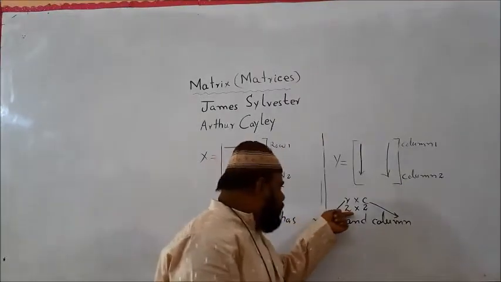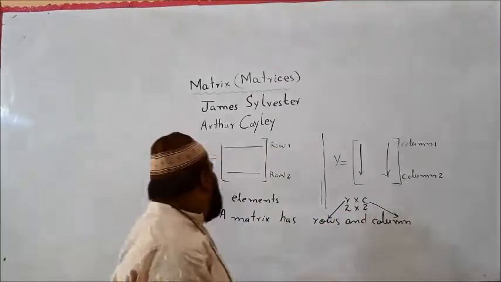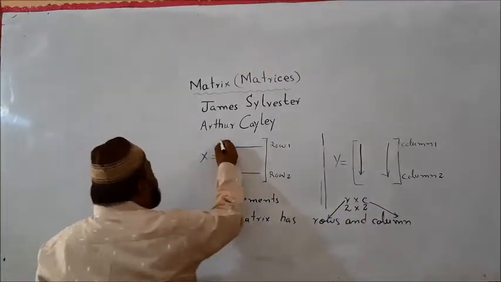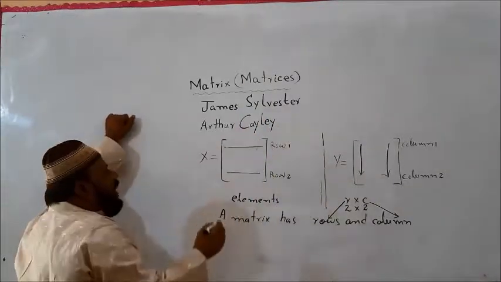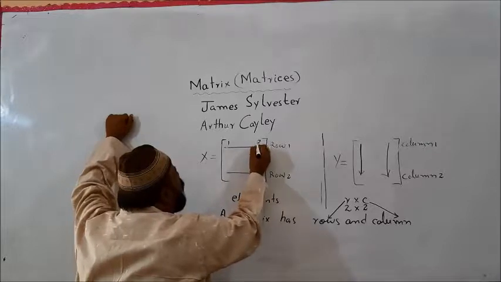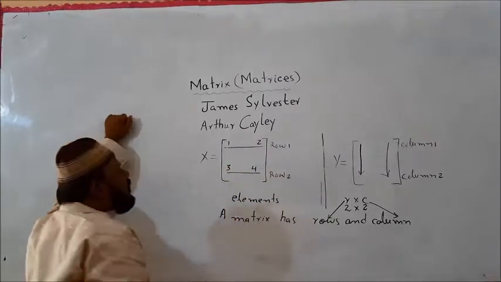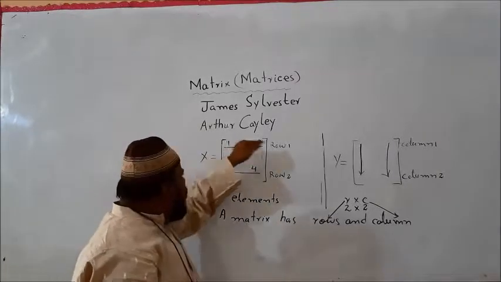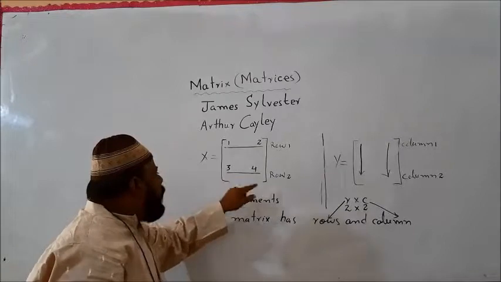This calculation we say order pair. For example, I write here 1, 2, 3, 4. This line is row 1 with elements 1, 2, and row 2 with elements 3, 4.